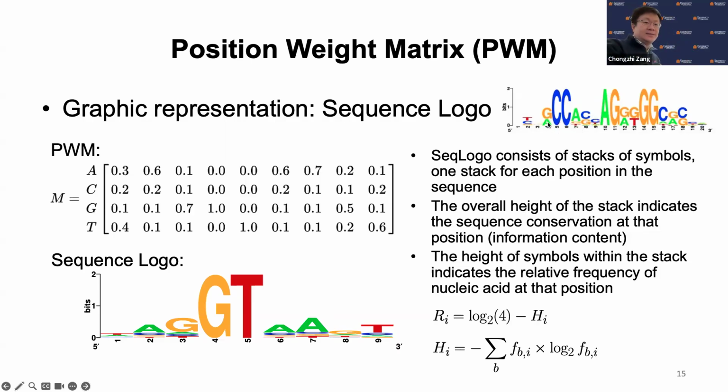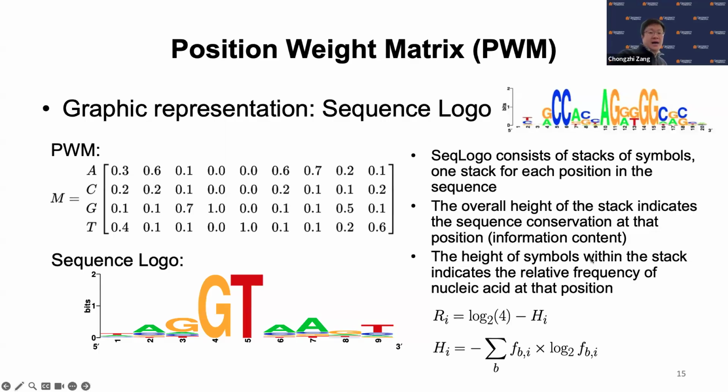So how to create such a sequence logo? It's done like this. Starting from a position weight matrix, how to generate a sequence logo. First of all, the sequence logo consists of stacks of symbols or nucleotides. One stack represents one position in the sequence. The overall height of the entire stack in this position indicates the sequence conservation level at the position, or in other words, the information content of that position.